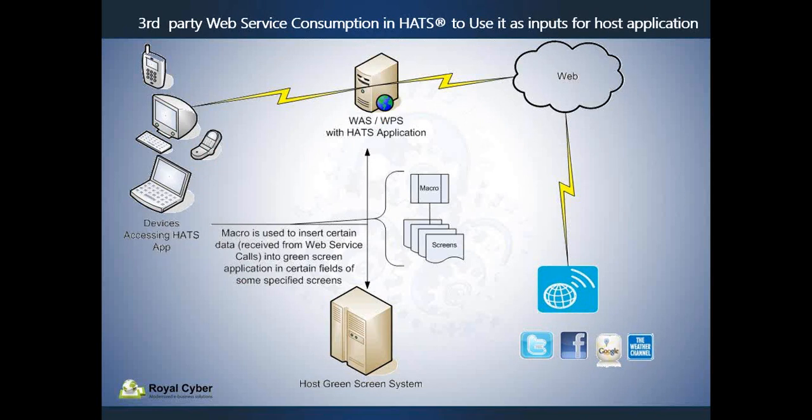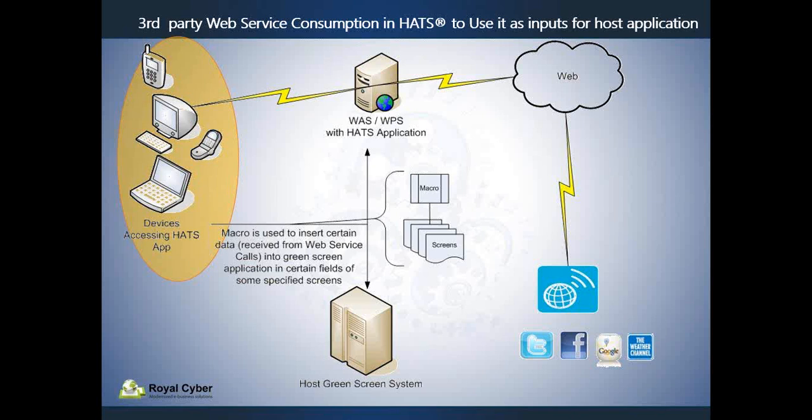Now it's the second scenario within the third main scenario we had. In this, we'll see how a third-party web service can be consumed in a HATS application, and how this consumed web service will make changes to the host too. Users are accessing a HATS application. They get to a situation defined as a trigger to call and consume a third-party web service.